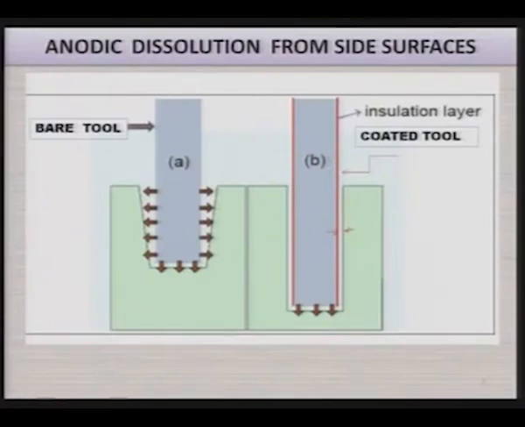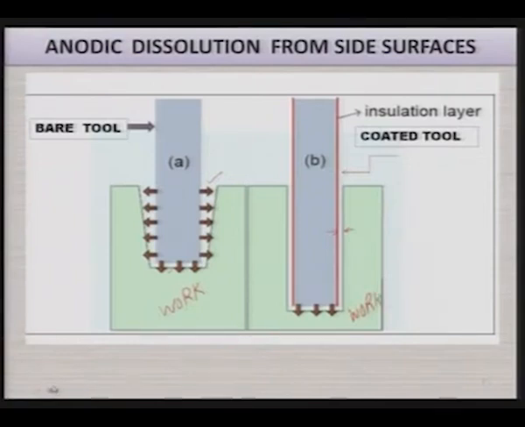But if you see the case of bare tool, the inter-electrode gap is continuously varying in the side zone as you can see over here, while in the front zone it is more or less constant. So, this gives an overview of how the shape of the workpiece is going to vary in case of electrochemical drilling with bare tool and coated tool, and this is the workpiece as you can see in both the cases.